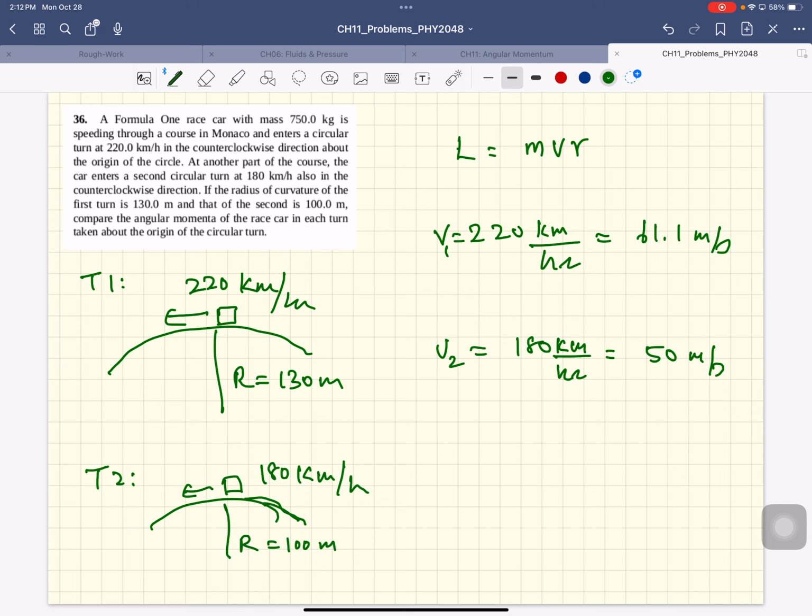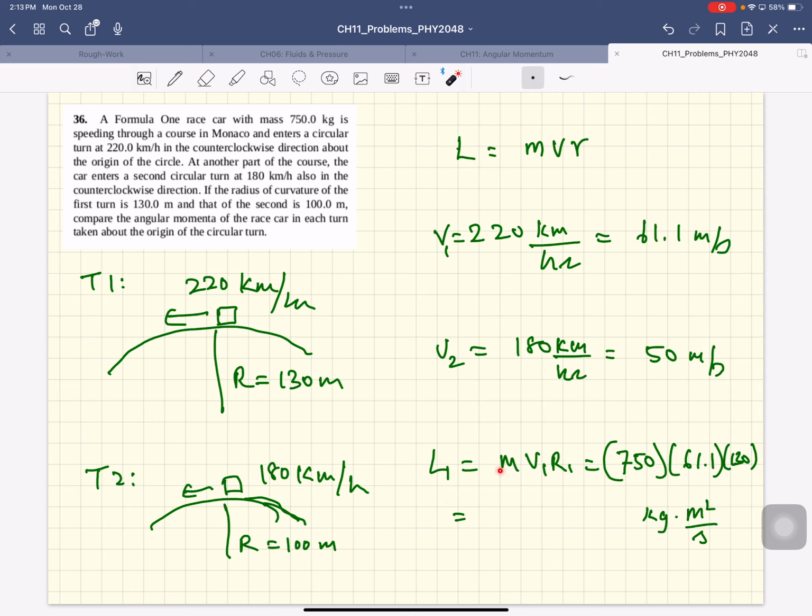All right, so L1 is m v1 r1, equal to 750 kgs times V1, which is 61.1, and the radius was 130 meters. So units would be kg meter squared per second. Kg meters per second times meter squared per second.